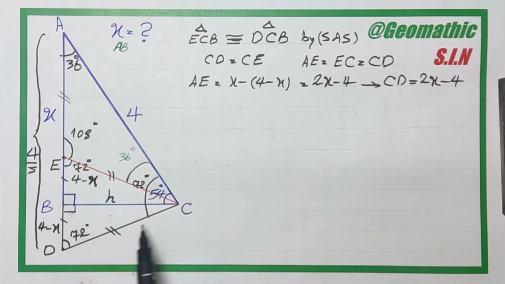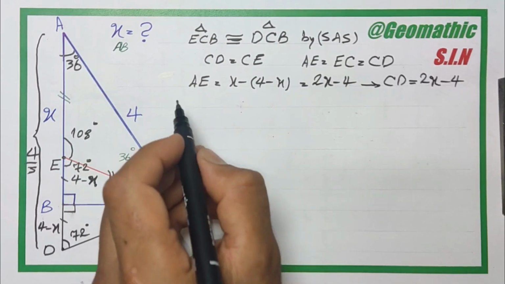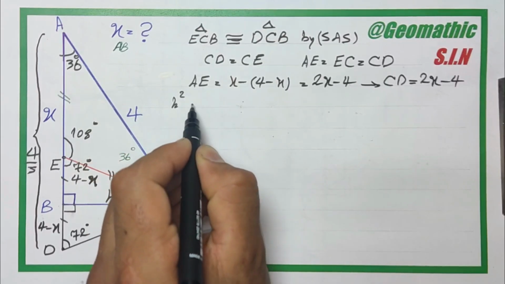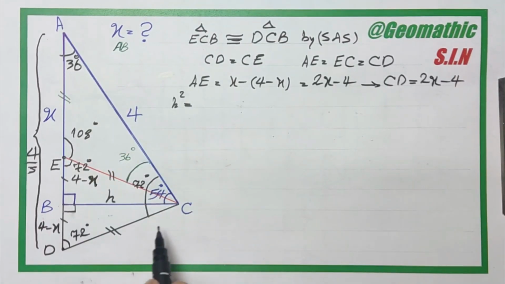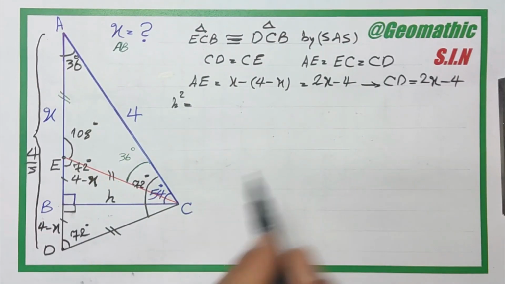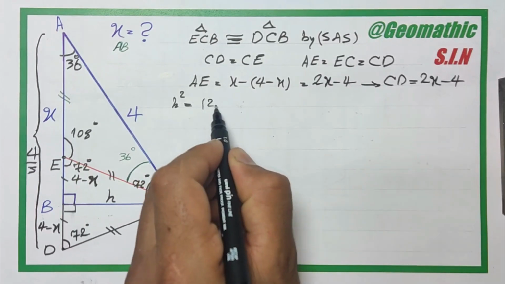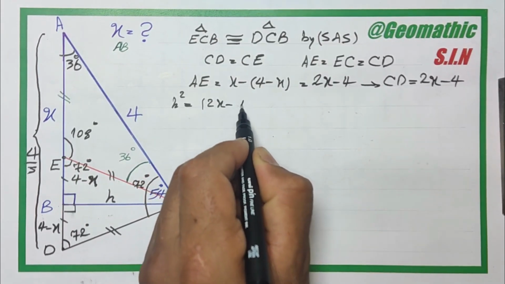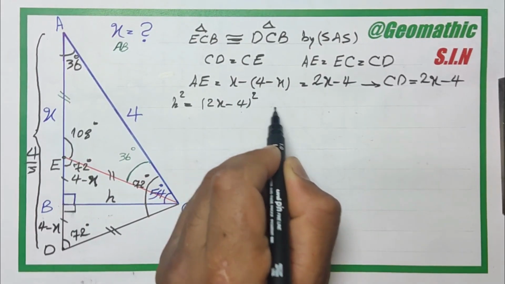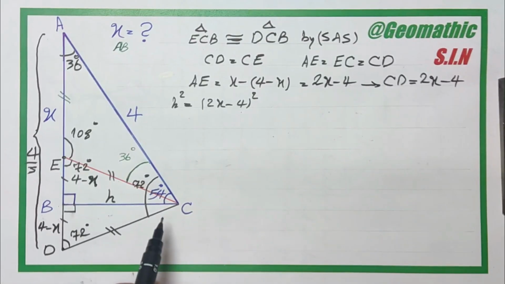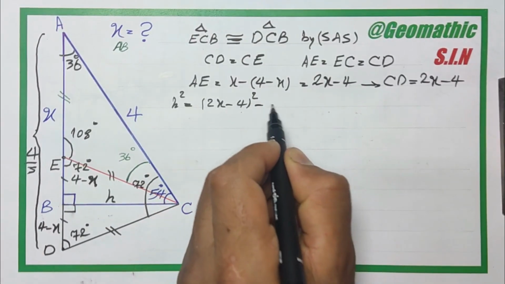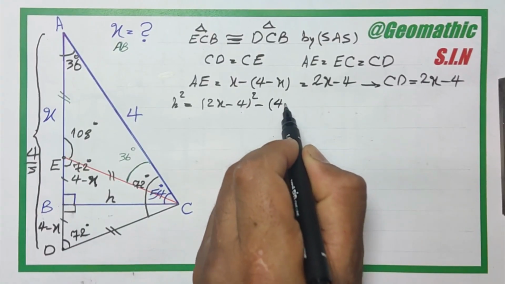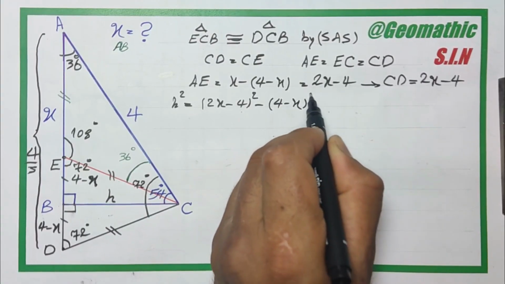The hypotenuse is CD, one leg is H, and the other leg is 4 minus X. So I write that H squared equals the hypotenuse, CD, which is (2X minus 4) squared, minus BD, or (4 minus X), squared.